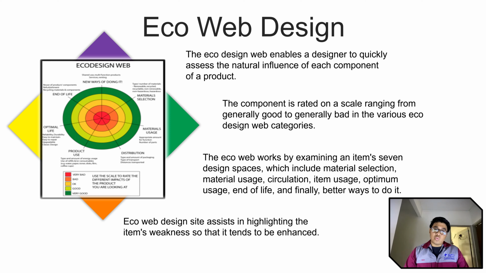The Eco Web works by examining an item's 7 design spaces, which include material selection, material usage, circulation, item usage, optimum usage, end of life, and finally, better ways to do it. The eco design web assists in highlighting the item's weaknesses so that it becomes a chance for improvement.